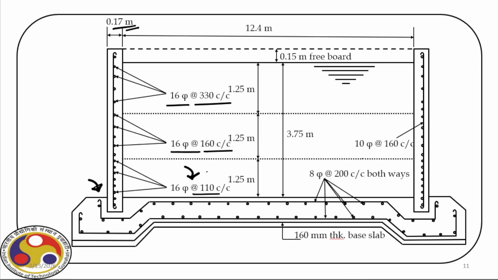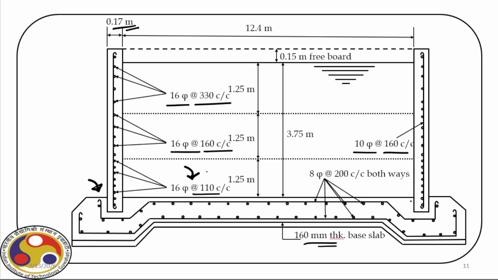Then there is some distribution reinforcement that we have already designed, which is 10 phi at the rate 160 center to center. And for the base, the net thickness is 160 millimeter. We have 8 phi at the rate 200 center to center both ways and in both faces.